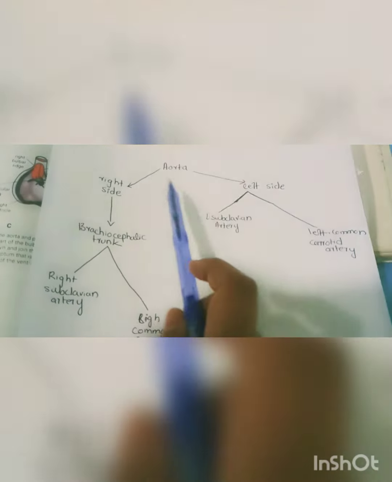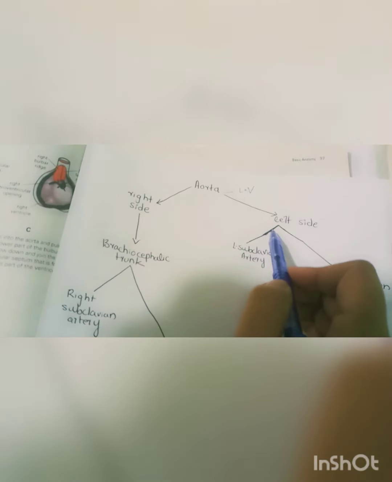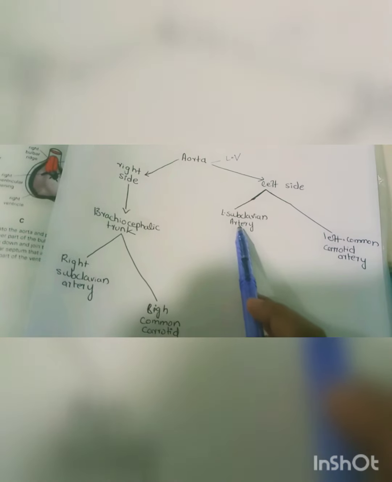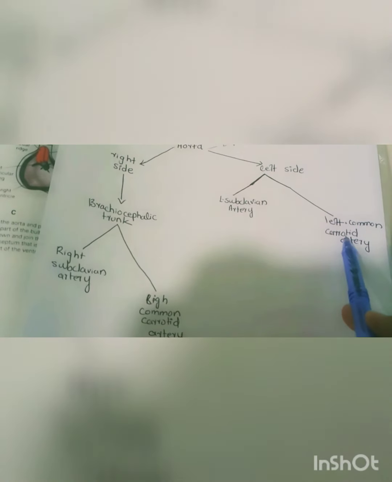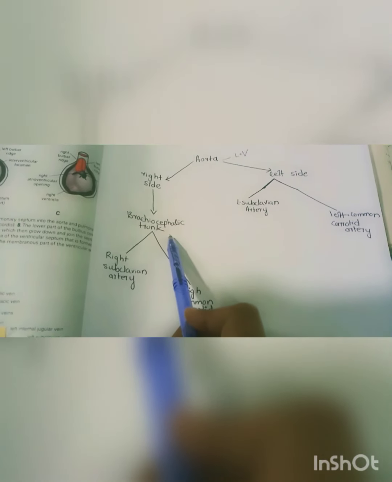Again guys, the aorta originates from the left ventricle. On the left side, the aorta gives off two branches, the left subclavian artery and the left common carotid artery. But on the right side, the aorta gives the brachiocephalic artery, and then this brachiocephalic artery gives the right subclavian artery and the right common carotid artery.